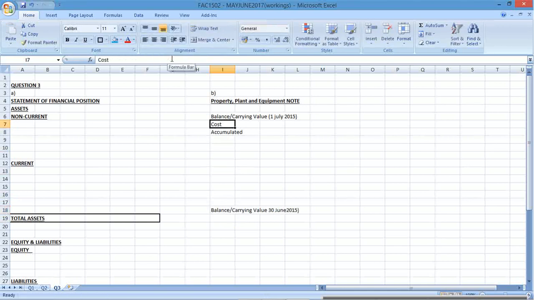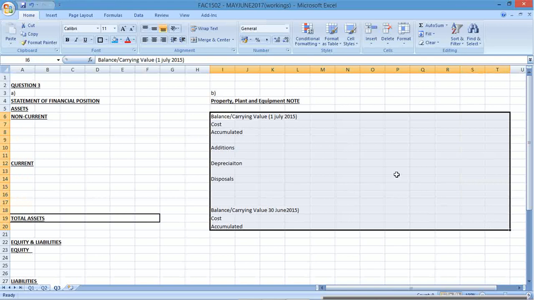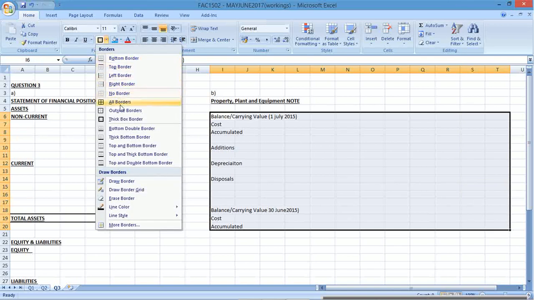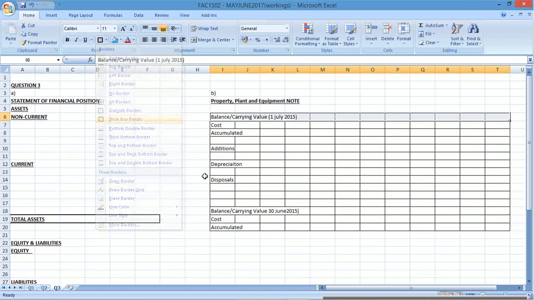Okay, and then you'll have cost and accumulated there as well, and then you'll have adjustments for additions, depreciation, and disposals, if there are any. Okay, that's your PPE notes.